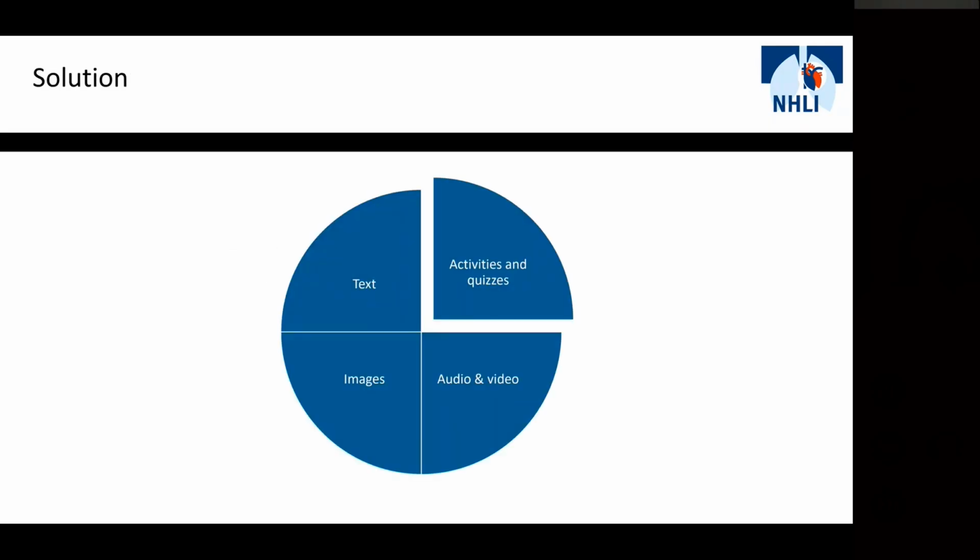Now, in terms of potential solutions, I've found within the NHLI, it's really about being deliberate in terms of how you allocate workloads and how you approach the design and development of your resources. And one of the successes that we've had over the previous few years is by using Microsoft Sway as a tool to deliver some of that content.